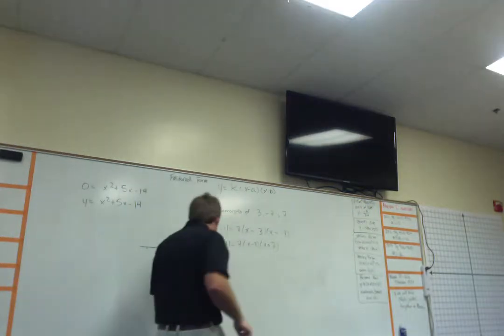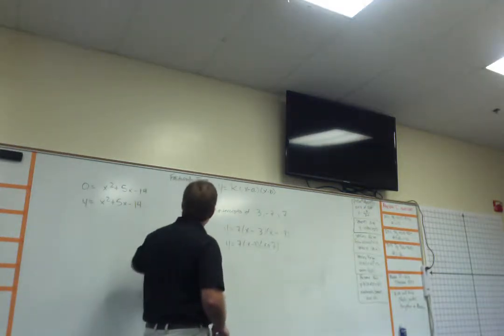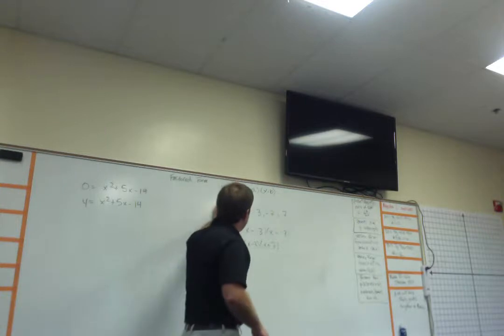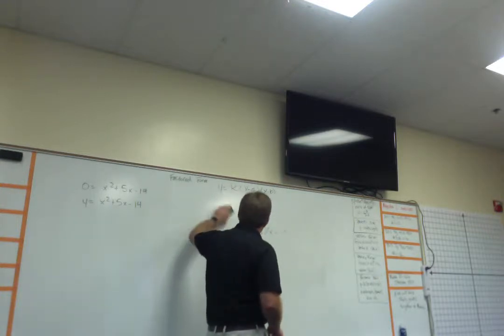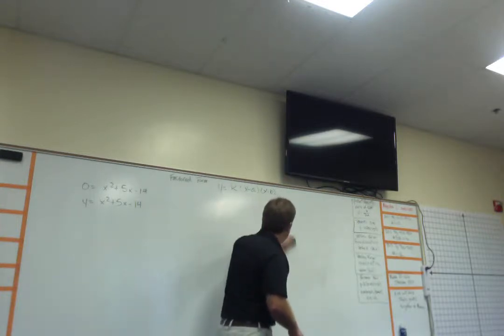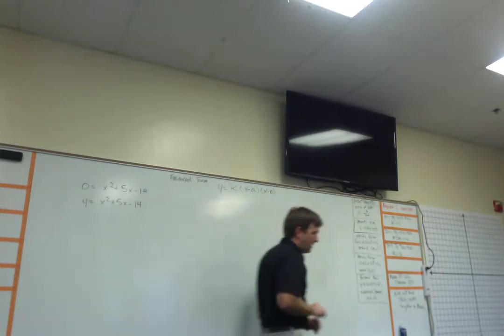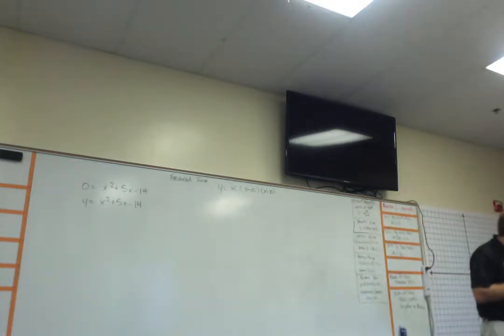So the last thing that they have you do with this form is the beginning of some basic factoring. So we're going to be using the distributive property in reverse. I think we've done this before, okay?